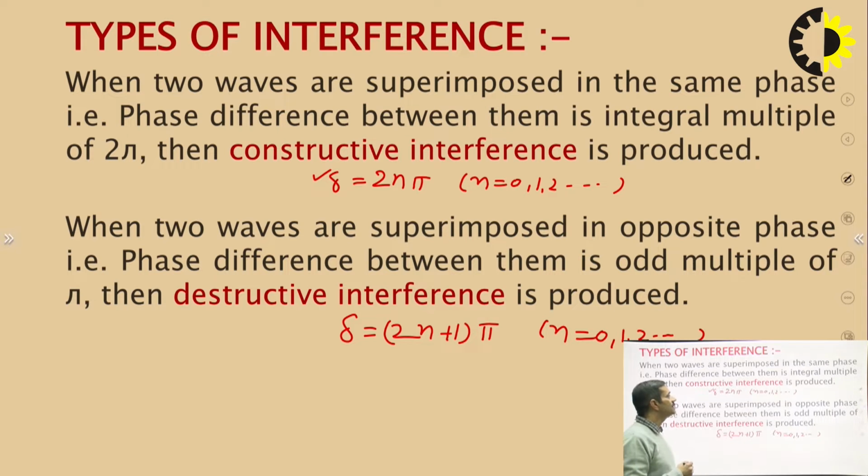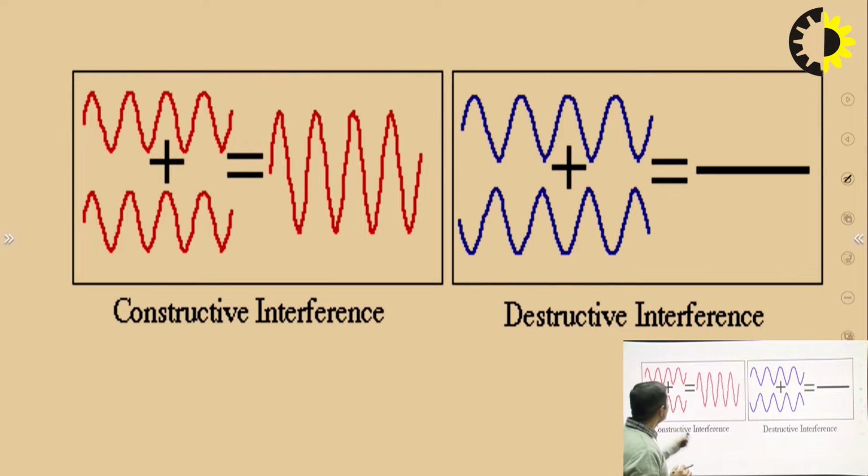So in interference we have a pattern of maximum and minimum intensities. Here you can see this pattern. Suppose we consider two interfering waves, this is the first wave and this is another wave, and they interfere in space. These two waves are in the same phase.